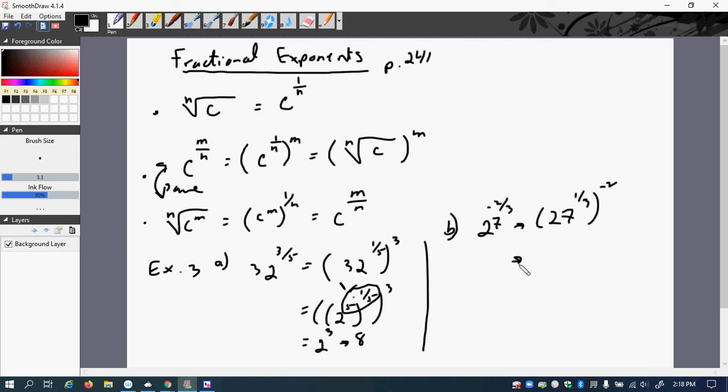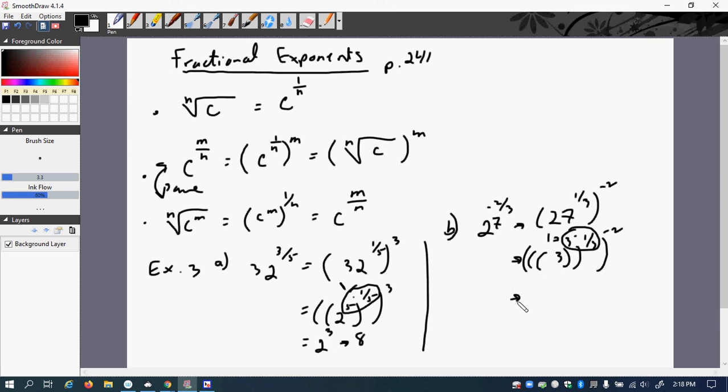Again, I'm going to show a few more steps because they don't do that. I'm going to do parentheses and another parentheses and another parentheses, and then 3 to the 3rd, and then that's to the 1/3 to the negative 2, because 27 really is 3 to the 3rd. And again, this turns into a 1.